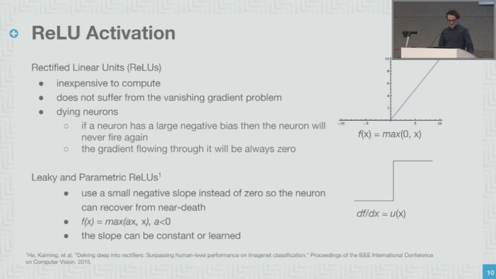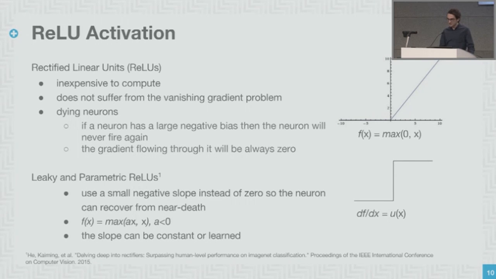So there are some solutions offered to this problem. They're called leaky and parametric rectified linear units. Instead of having it 0 on the left-hand side of this activation function, they use a small negative slope so that there's still some gradient, and the neuron can recover from near death, basically.